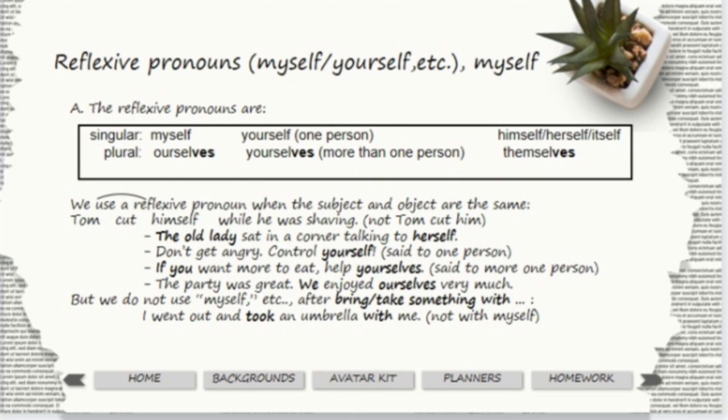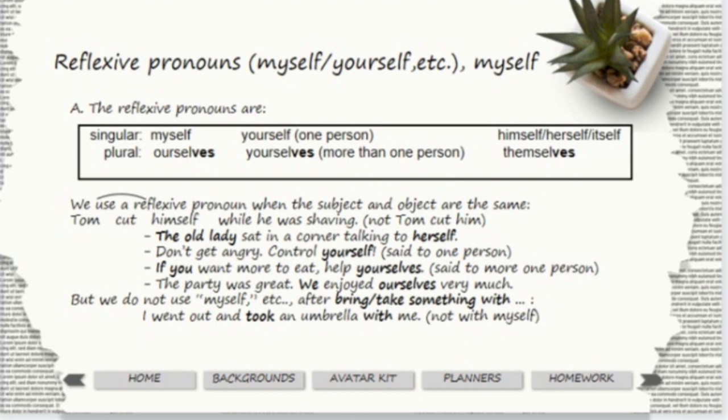Plural: ourselves, yourselves, it means more than one person, and themselves. We use a reflexive pronoun when the subject and object are the same. Tom cut himself while he was shaving. It means not Tom cut him. For example, the old lady sat in a corner talking to herself.